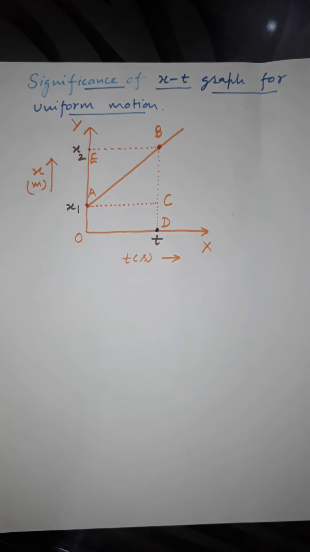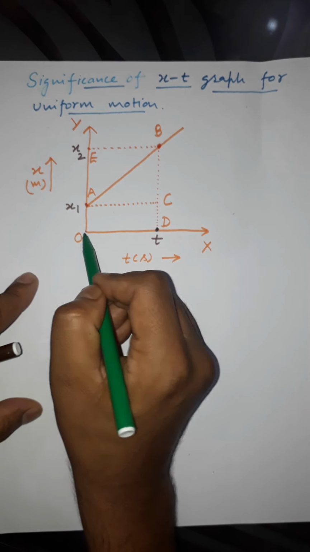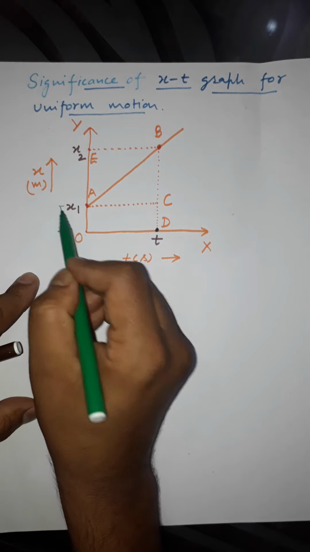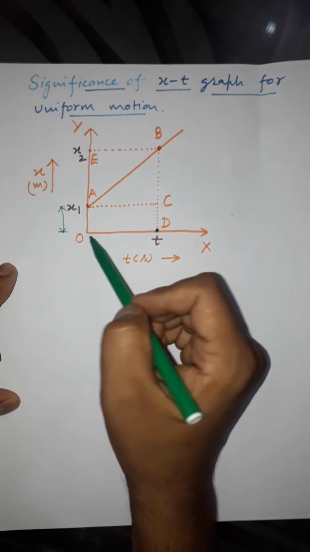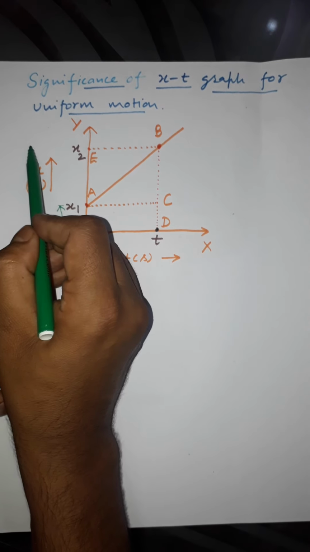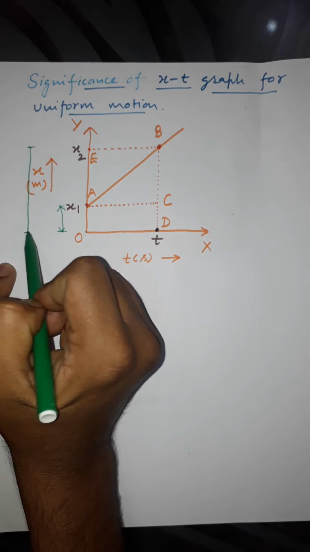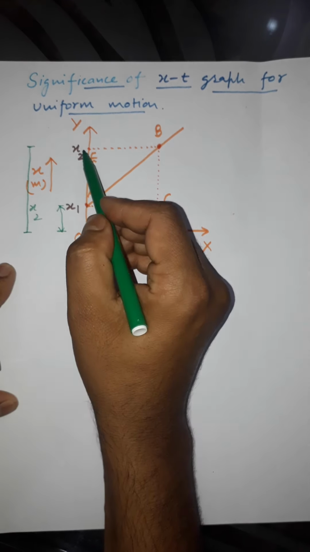Now mind it, here OA distance is x1. Keep that in your mind. OA distance is x1 and OE distance is x2. Okay.